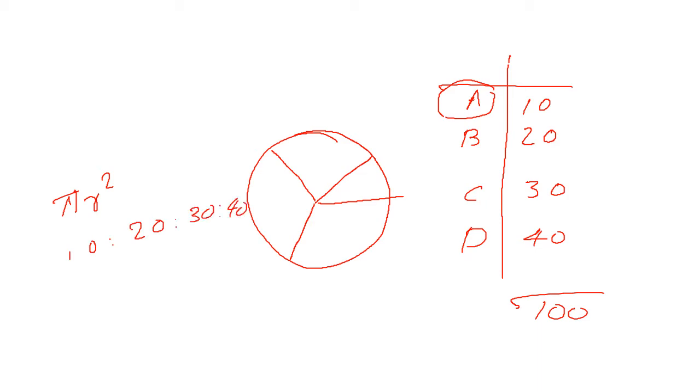So this wedge occupies 10% of the total area, this wedge will occupy 20% of the total area. Please note that this is only an example. This division is not up to scale, and this wedge occupies some 30%, and this wedge occupies some 40%. Okay, so that is how we represent this data.